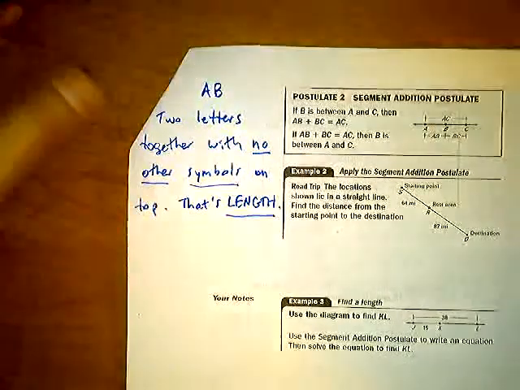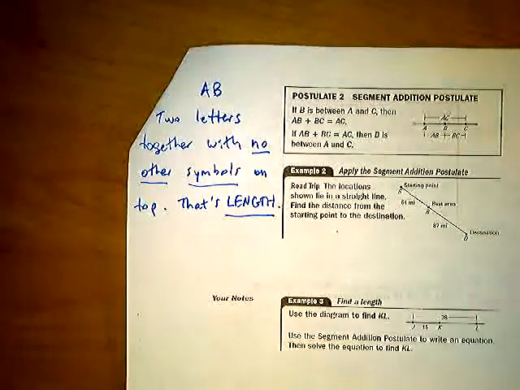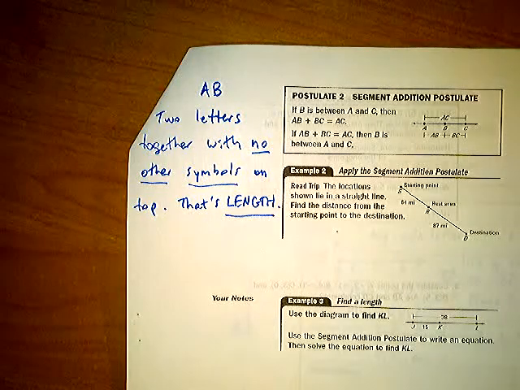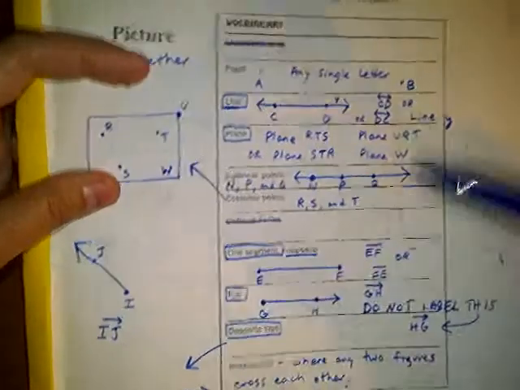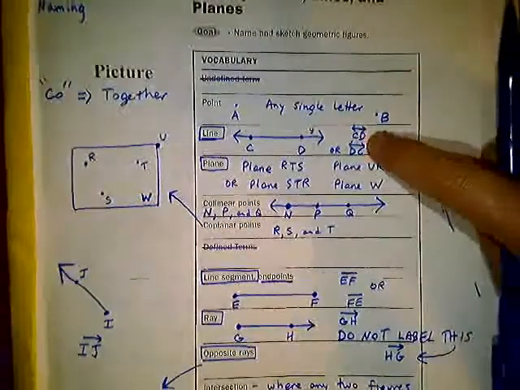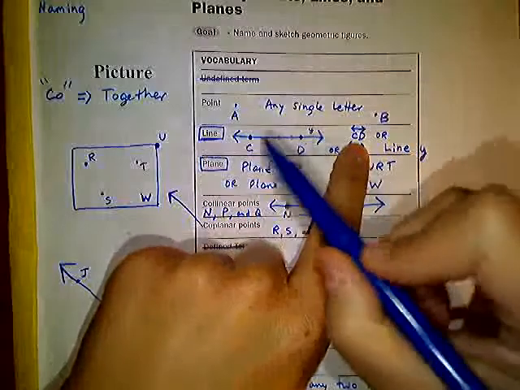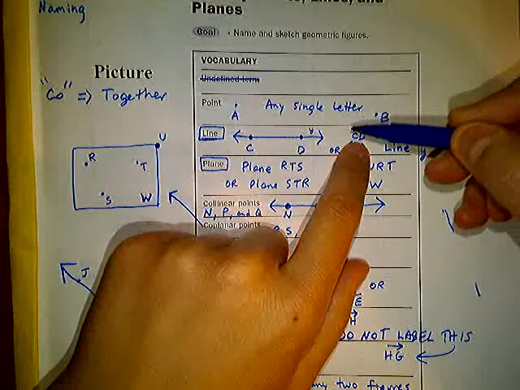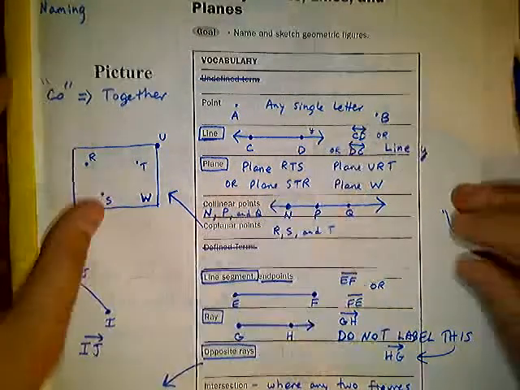Now, you may remember back in the first section of chapter 1, we talked a lot about different figures. Specifically, we talked about lines, planes, line segments, and rays. Remember when we talked about how to write down the name of a line? We said you use 2 points on the line and then you draw a picture of the line on top. You see how that's different than this?